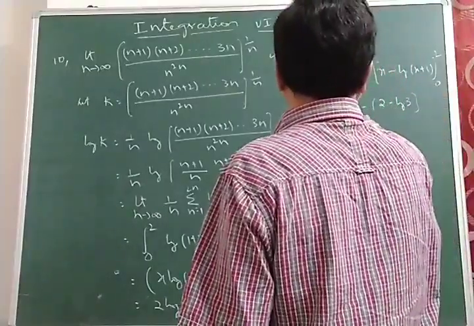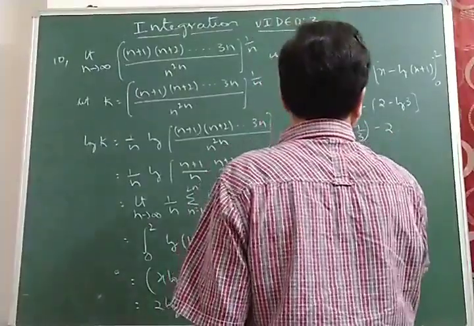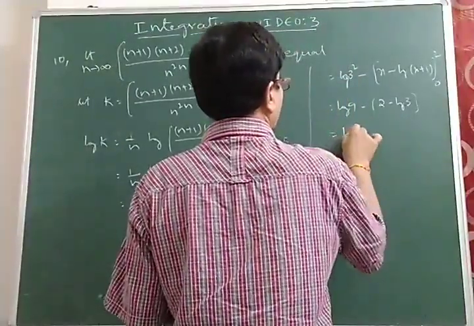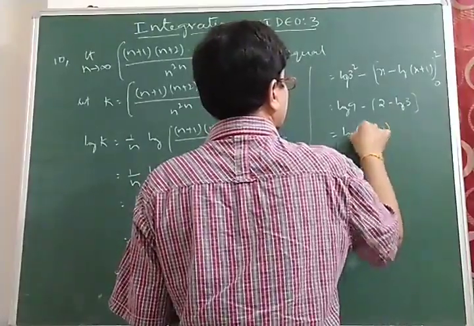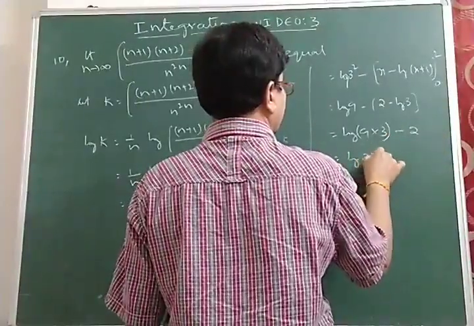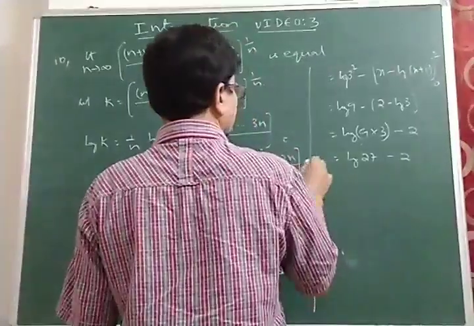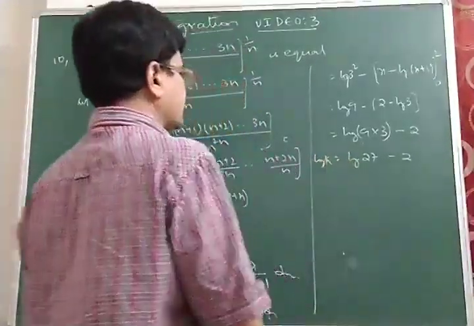So that is log 9 by 3 minus 2, log of 9 into 3 minus 2, log 27 minus 2. That is log k. Okay.